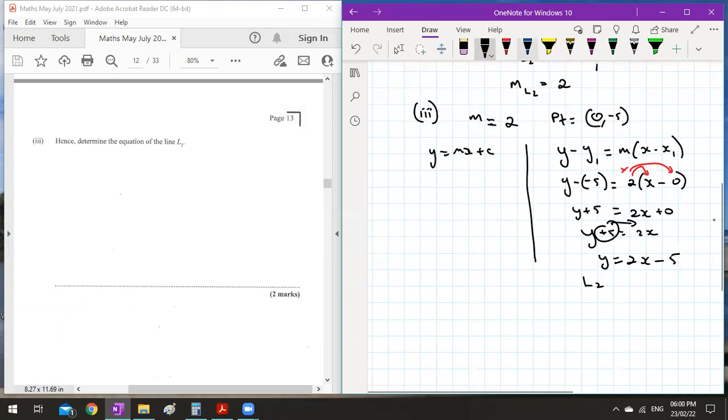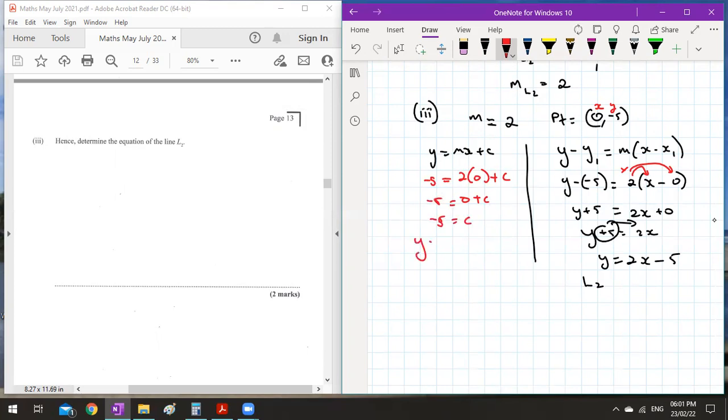Now doing it the other way, so this will be x, this will be a y value. So 0 is equal to 2, sorry, not 2, -5 plus c. So we have 0 plus c is equal to -5, so -5 is equal to c.